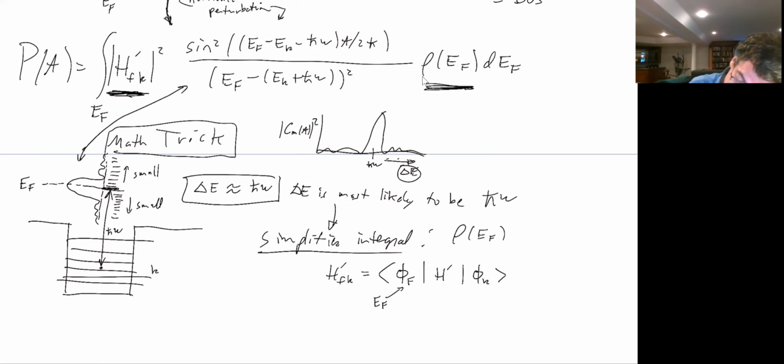So rho of EF and H prime of FK are energy dependent.